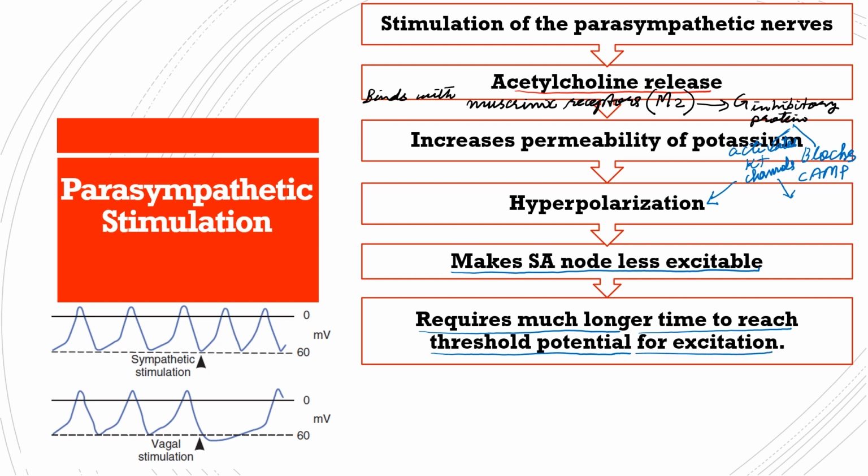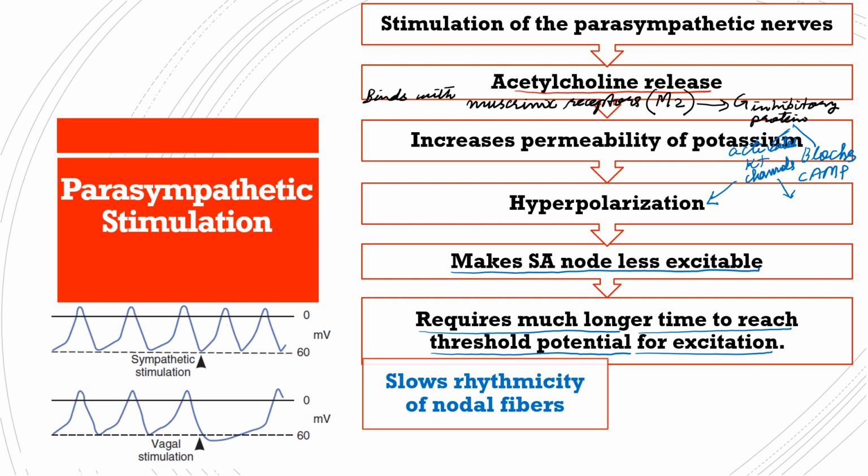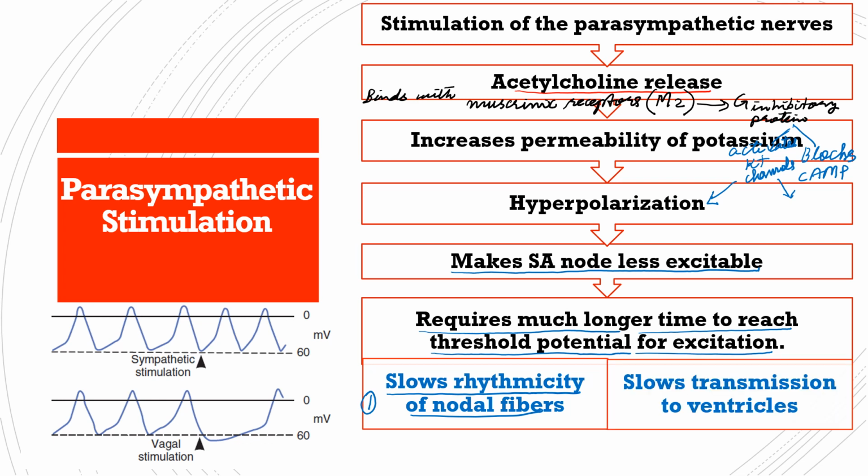And due to this, two effects occur. Number one, slow rhythmicity of the nodal fibers, and number two, it slows transmission of impulses to the ventricles.